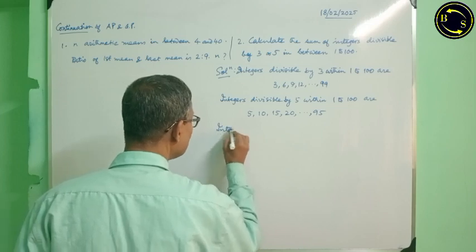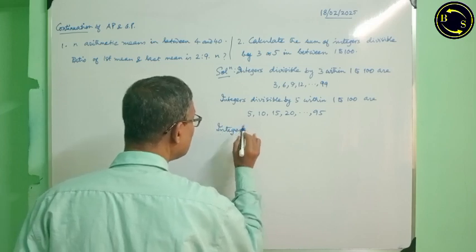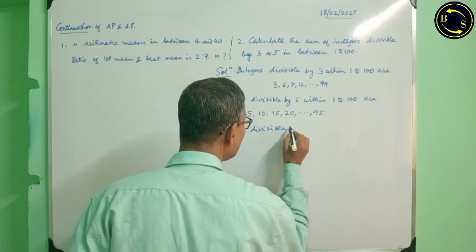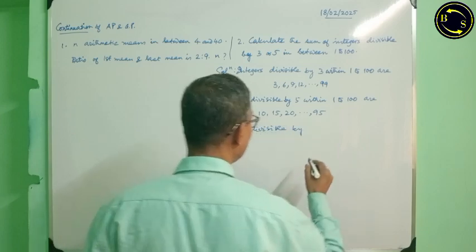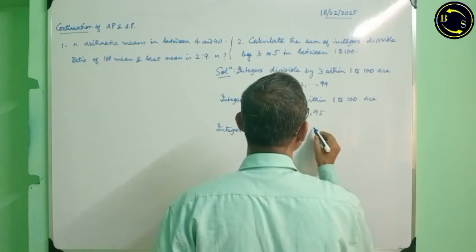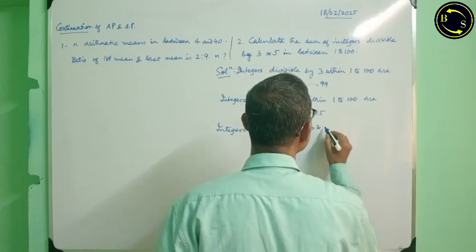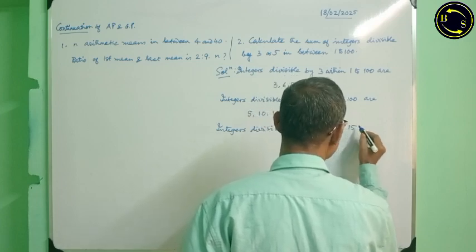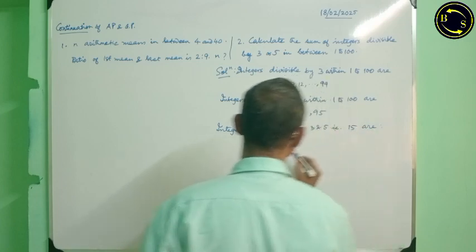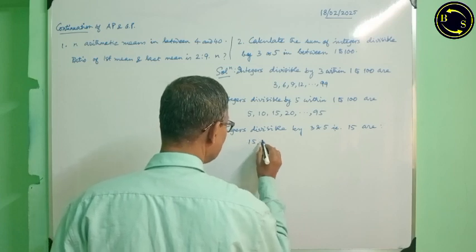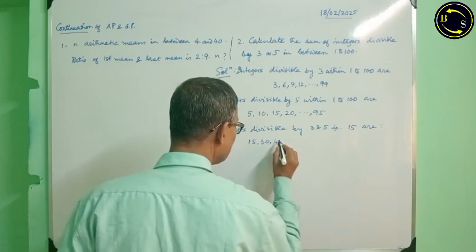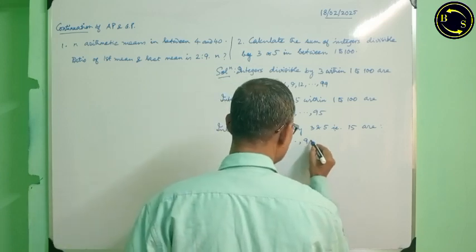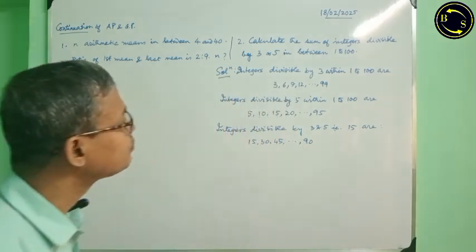Integers divisible by 3 and 5, that is 15, are 15, 30, 45, up to 90.